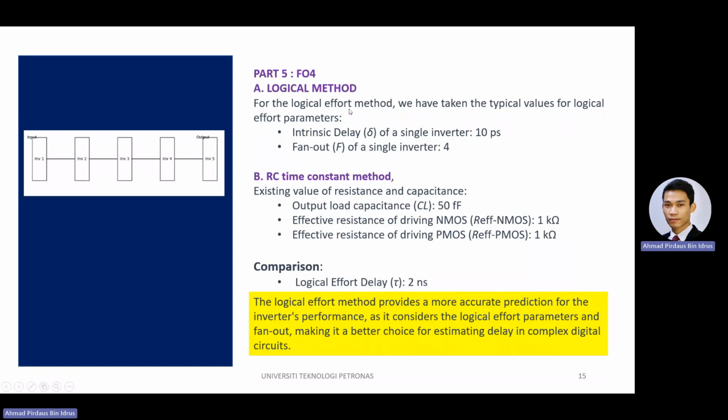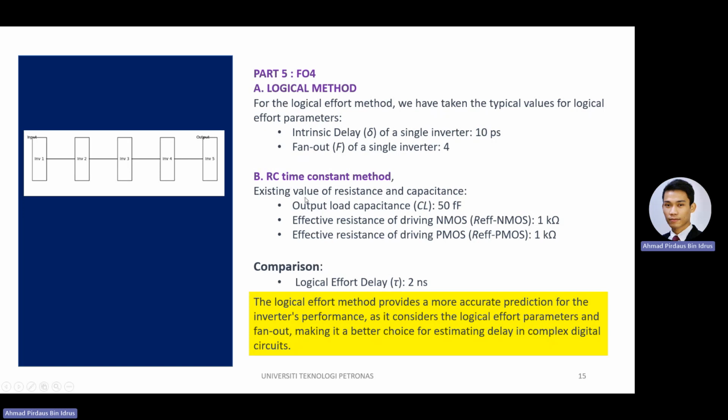For the logical effort method, we have taken the physical values for the logical effort parameters. That is the intrinsic delay of a single inverter, 10 ps. The fan-out F of a single inverter is 4. And then the second part, we have the RC time constant method.